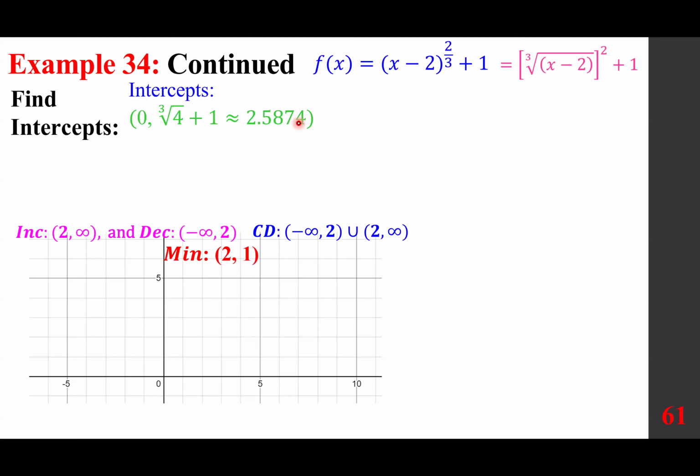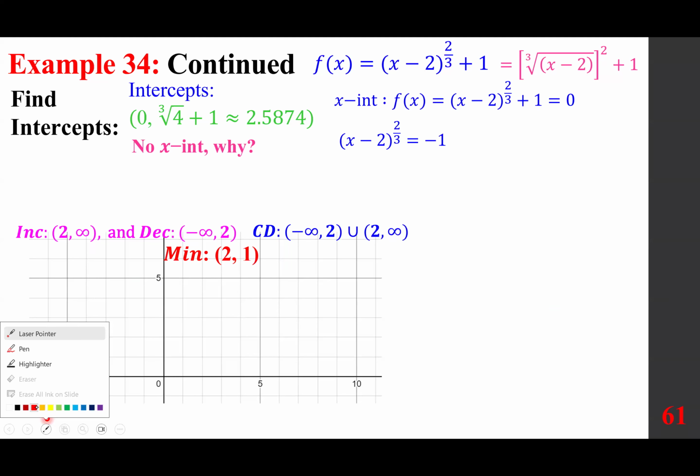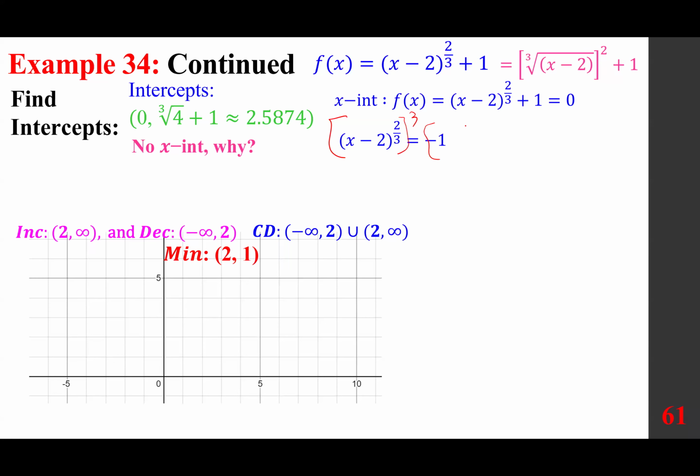What about the x-intercept? We don't have any. How do we know that? Set this equal to 0 and solve. In order to solve this, I'm going to move the plus 1 to the other side and I get -1. Then I'm going to raise both sides to the power of 3 because the denominator of this piece is 3.